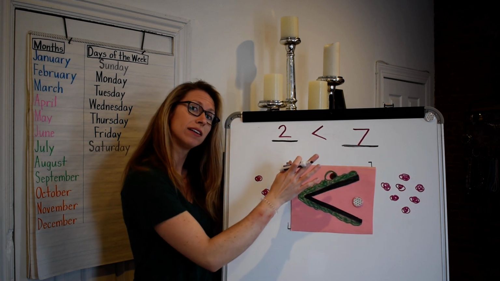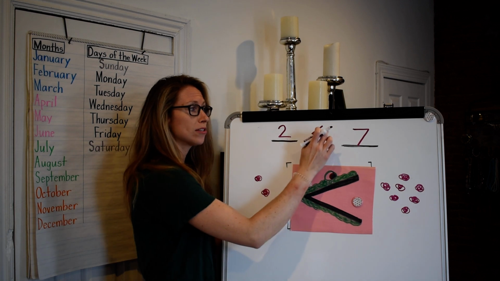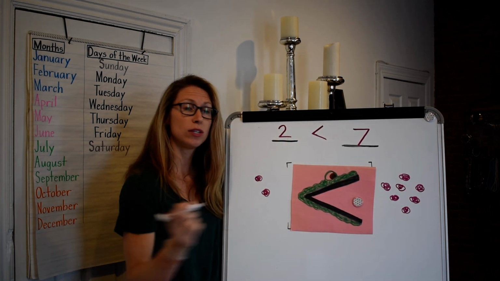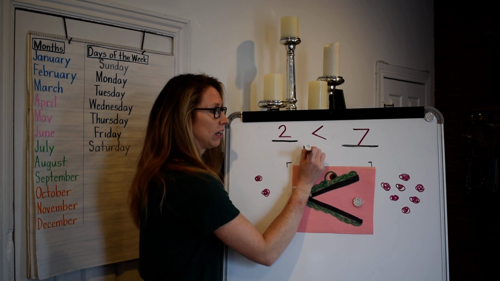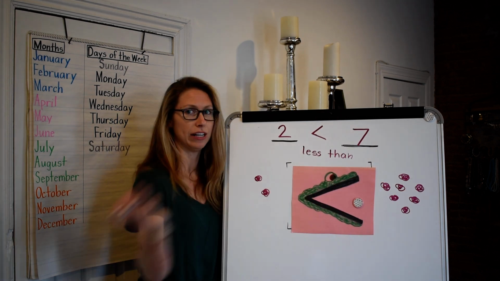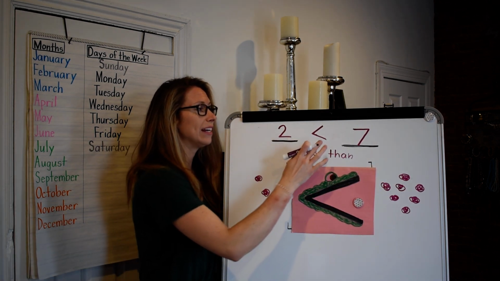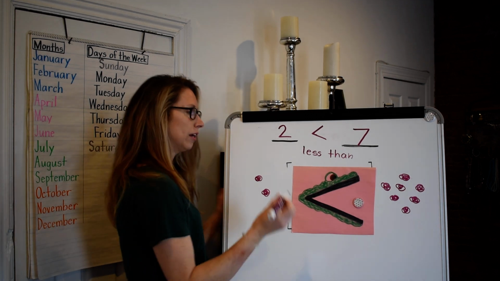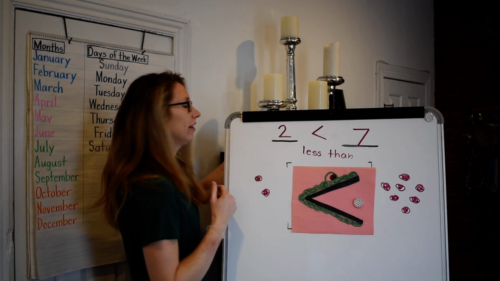Is it bigger than it? No. So if our symbol is facing away from the first number, you would say 2 is less than 7. It's smaller than. Good. Let's try another.